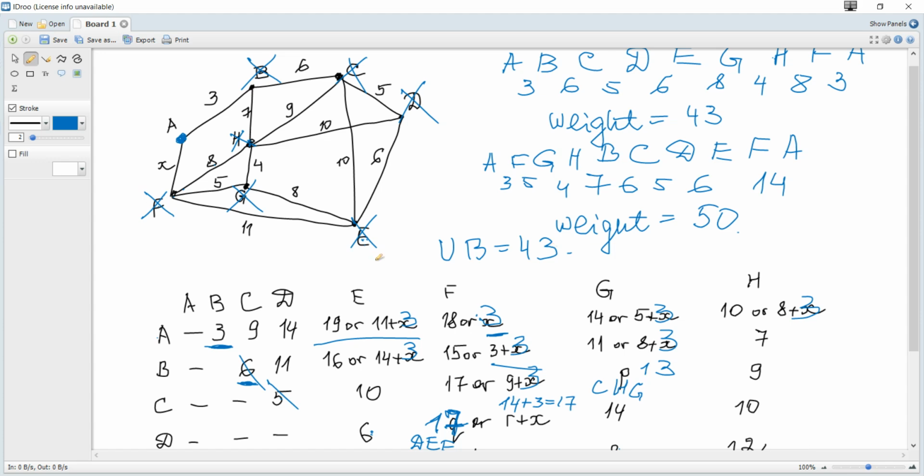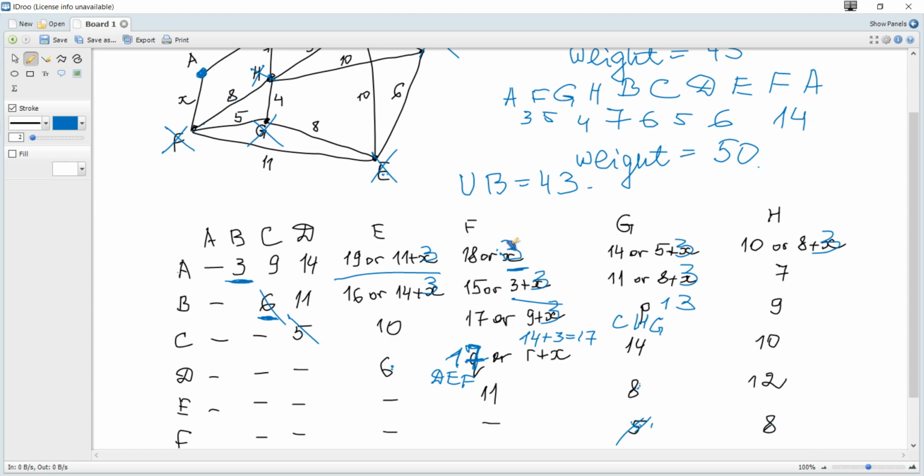The next question, E. Consider the case where x is greater than 3. (i) Find the least value of x for which the edge AF will definitely not be used by Daniel. 2 marks. Now it's not 3, just x, and AF directly.